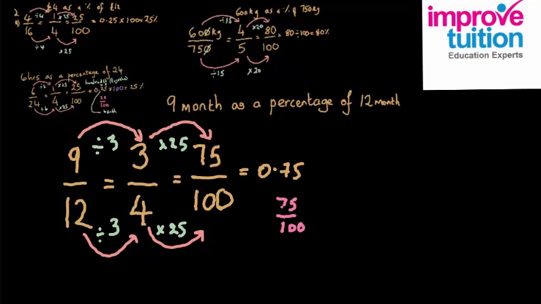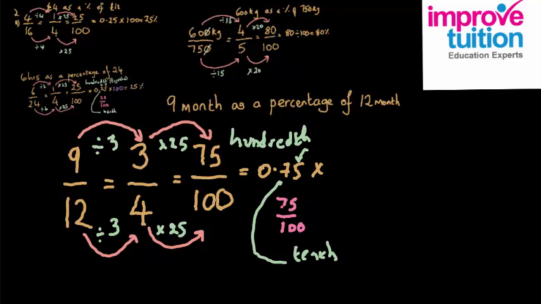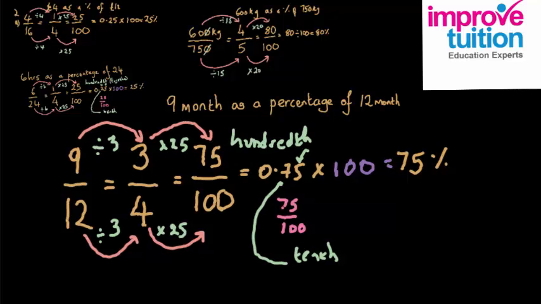So that's 0.75 as a decimal, because we know that 0.75, the place value is 75 over 100. This is the place value knowledge coming in. So the 7 is the tenth and the 5 is the hundredth, but together it's 75 over 100. And if you times that by 100, then it's 75%.